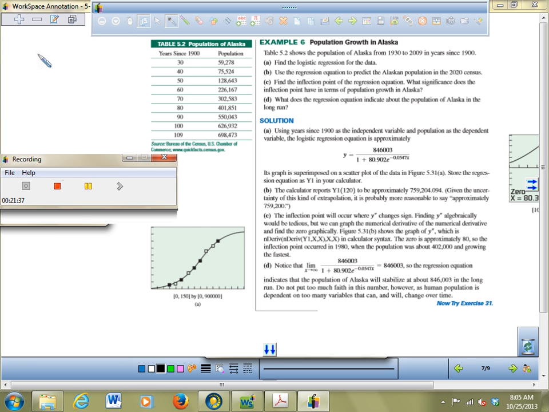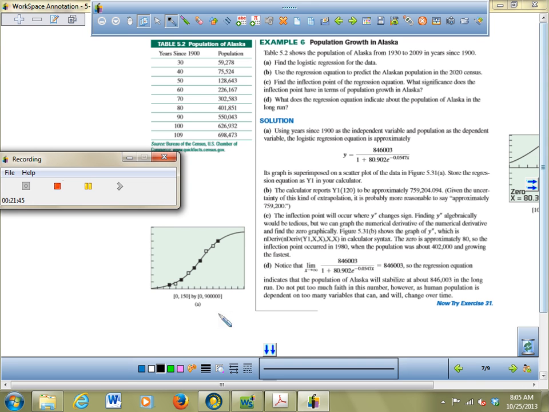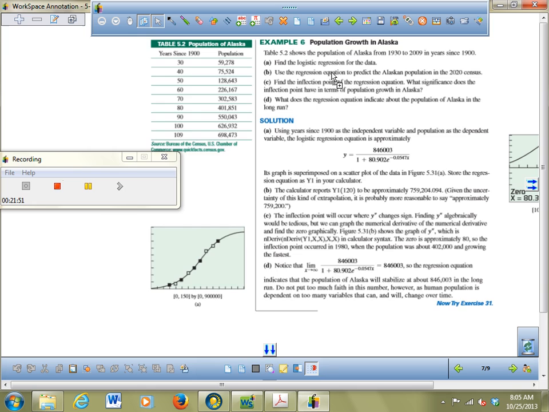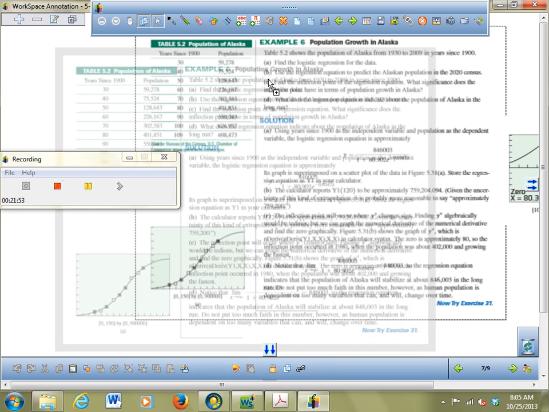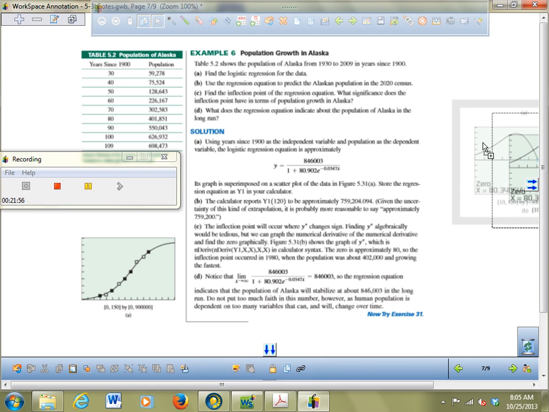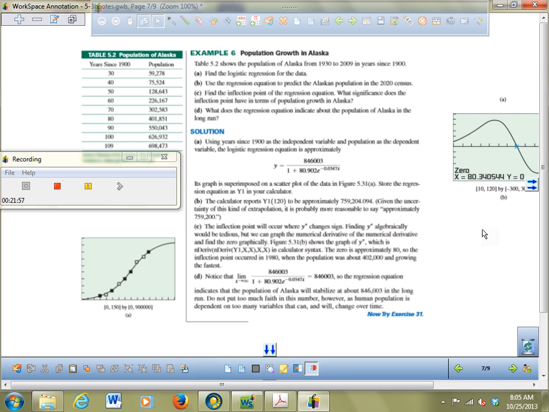So Austin asked, why would we ever want to know about concavity or anything like that? This is a page from your book. Let me move this over a little bit. There, that's better. For a population growth model, like over here, find the logistic model.